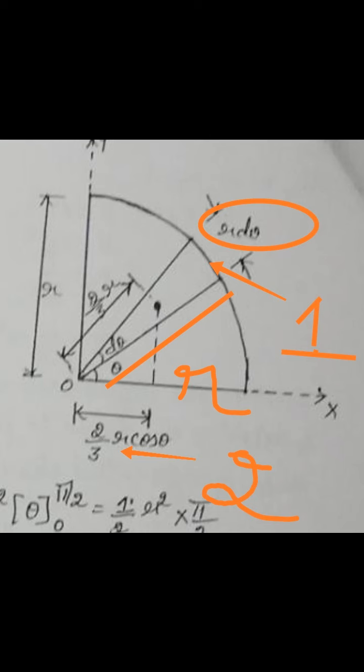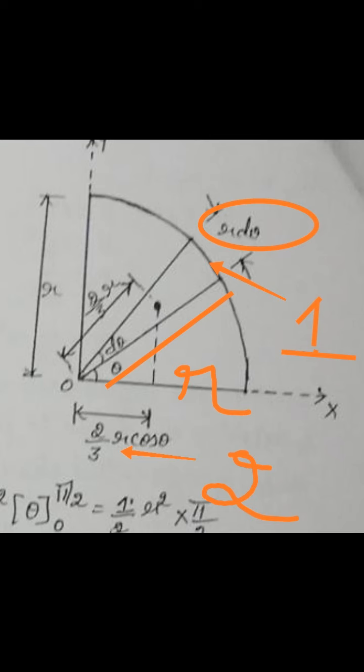In this small element, the centroid of that element will lie at two-third of the distance. We know that for a right angle triangle, the centroid lies at two-thirds. The total distance of that strip is the radial distance r, so two-third means two-third of the radial distance.